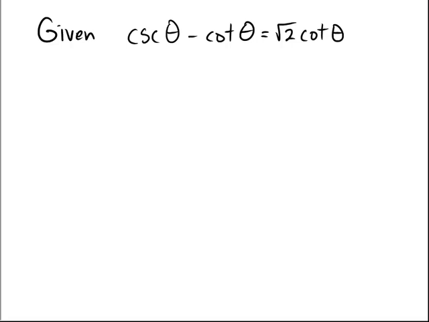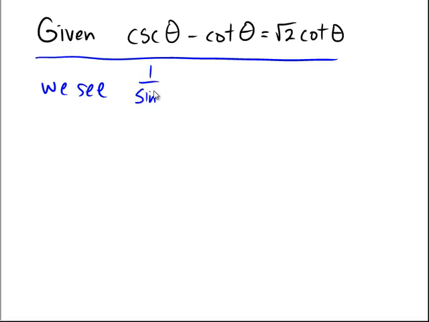Hello, Baloo! So, if you're given that the cosecant of theta minus cotangent of theta is equal to square root of 2 times cotangent theta, then you can just do some substitutions using trigonometric identities. So, for example, given this statement, we see that the cosecant of theta is 1 over sine theta.